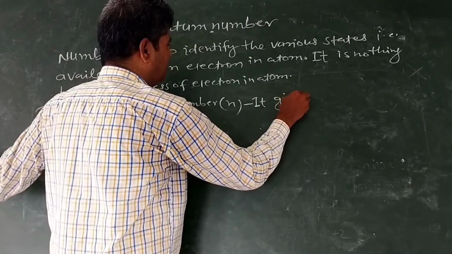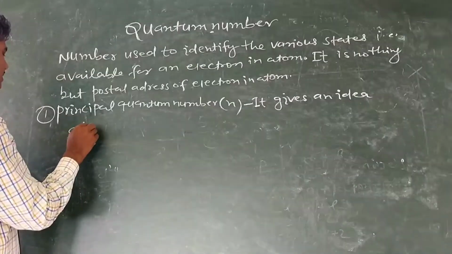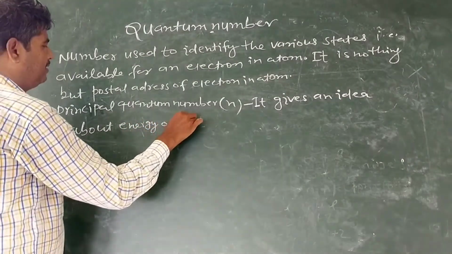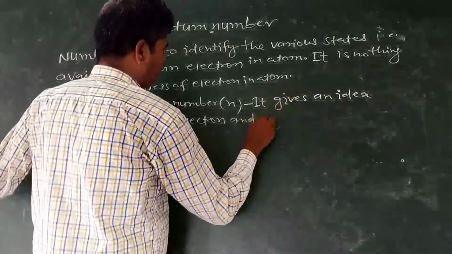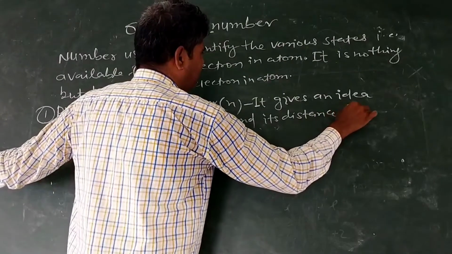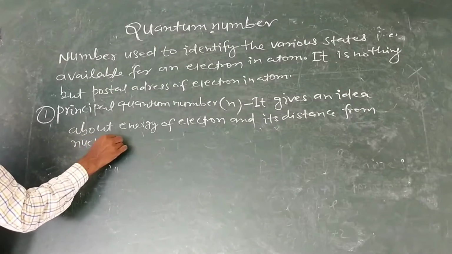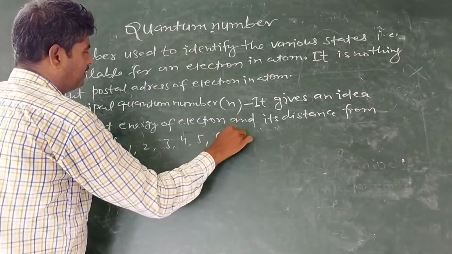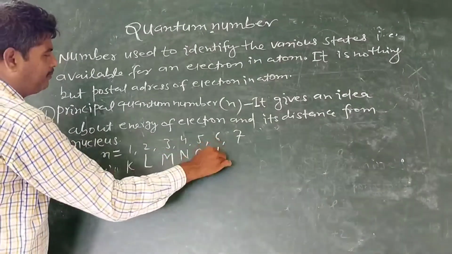It gives an idea about the energy of the electron and its distance from the nucleus. n is equal to 1, 2, 3, 4, 5, 6, 7, which means K shell, L shell, M shell, N shell, O shell, P shell, Q shell.